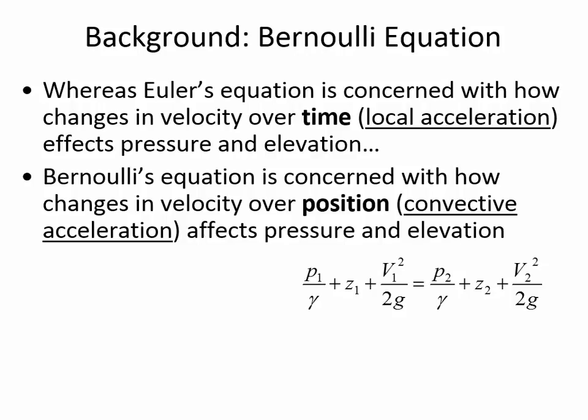Some distance downstream, there's energy losses. Bernoulli's equation says there's no energy loss between point 1 and point 2. It's saying there's no turbulence that's causing energy loss. There's no pipe friction that's causing energy loss. It's just a perfect conversion of all of the potential and kinetic energy at 1 into the same amount of combined potential and kinetic energy at location 2.